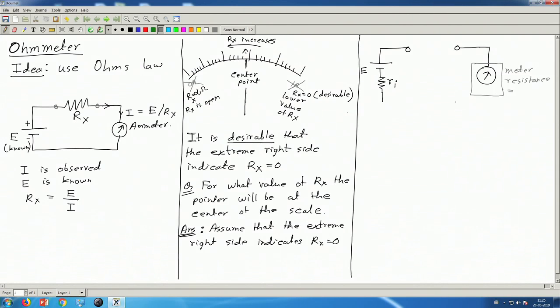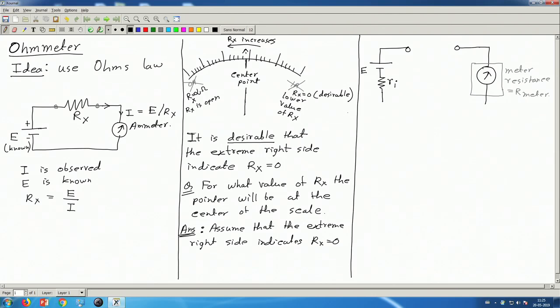we call it R meter, which can be the coil resistance, and if it is an ammeter, it can have some shunt resistance. So, the total combination of all the resistances, between these 2 points, is R meter.